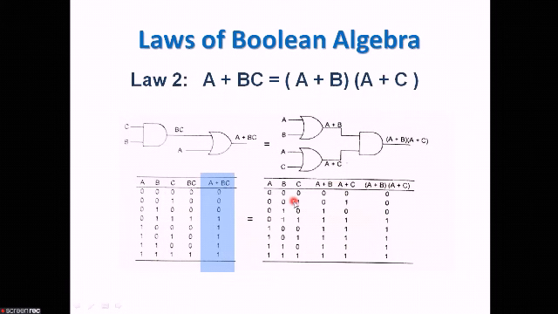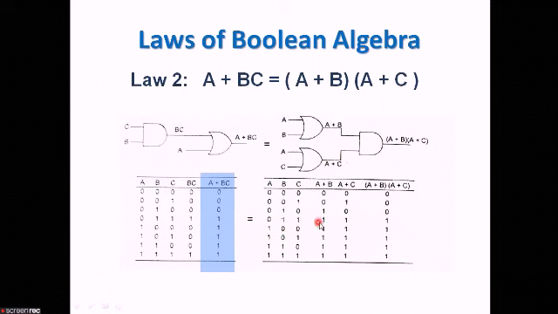Next is 0, 0, 1, the outputs are 0 and 1, and the ultimate output is 0. Next is 0, 1, 0, the outputs are 1 and 0, and the ultimate output is 0. Next is 0, 1, 1, the outputs are 1 and 1, and the last output is 1.